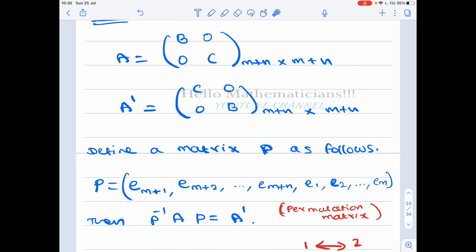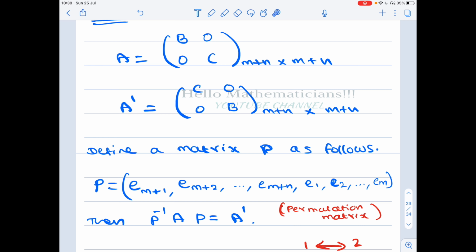If you look at the (M plus N) by (M plus N) identity matrix, these vectors e_{m+1} to e_{m+n} are all the columns that will come here. So that column I am putting as the first N columns. And then the first M columns of the identity matrix I am putting at the last places, followed by these vectors.